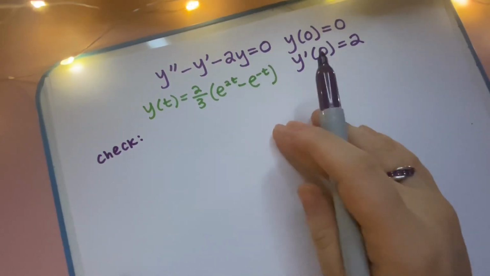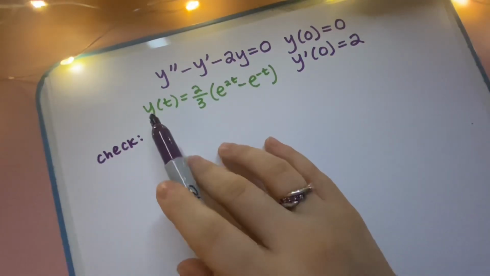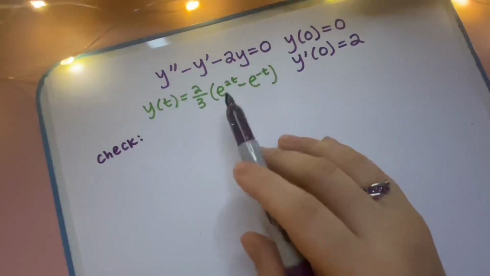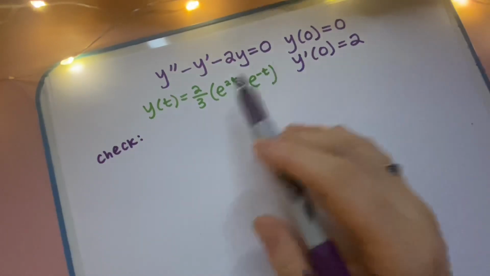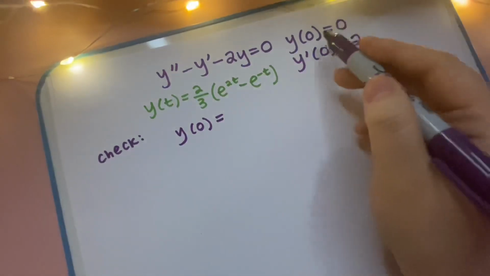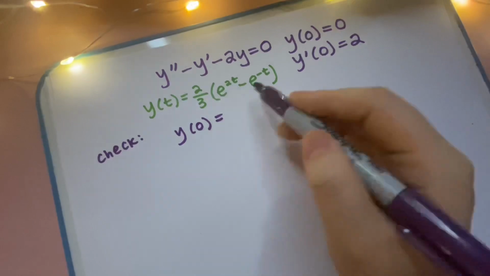This is our whole idea of our input-output thing. In this case, it's just if I give you an input for t, this is the function, so this tells me what to do with that t to give you a corresponding output. So in this case, y of 0 is going to be putting in 0 wherever I see t and simplifying.